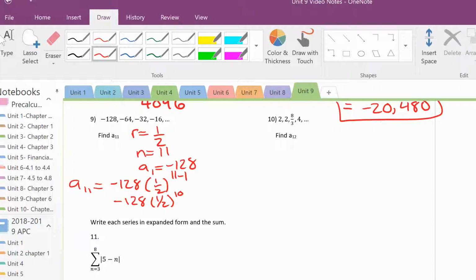And when you multiply, you get -1/8. Or some of you might get the decimal as -0.125. To find the 12th term here, notice you're multiplying by 1 here, and then you're multiplying by something else there. So this one is not geometric, which means you can't find the 12th term.